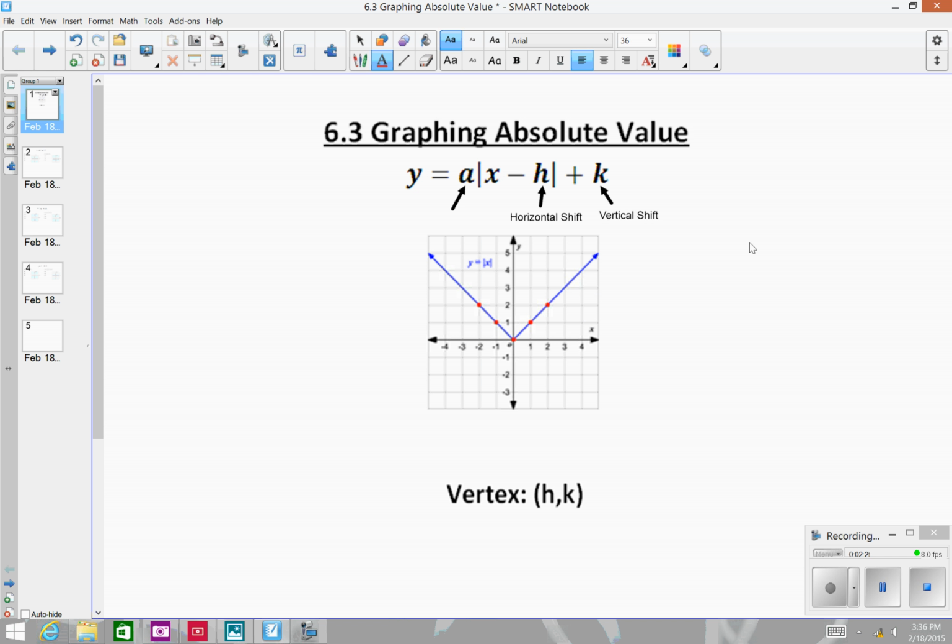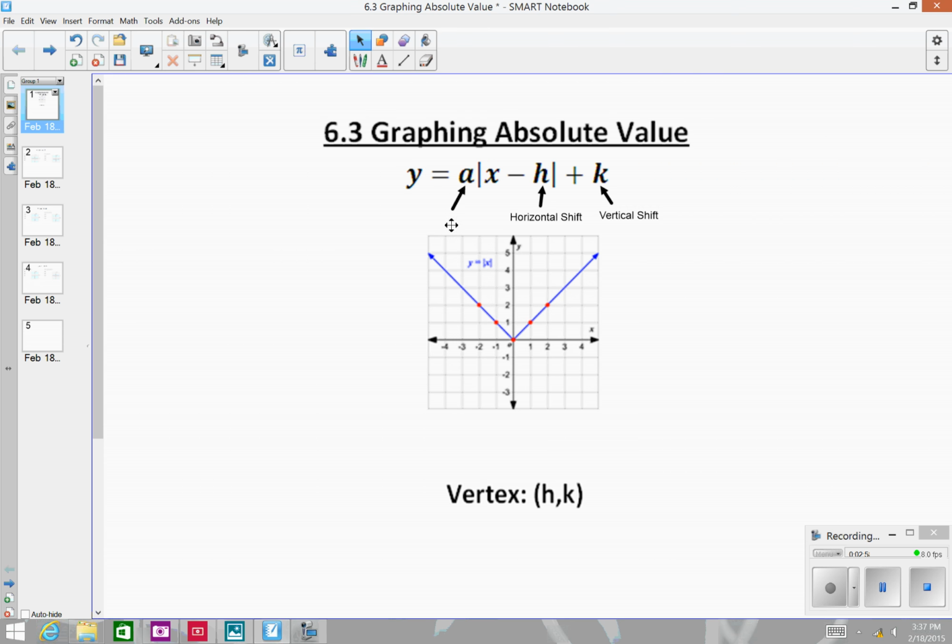Good. Now this A value is very similar to our linear equations, where we would say our line has a constant rate of change, and that constant rate of change in linear terms is called slope. This is very similar in absolute value equations, where they are also kind of like slopes.